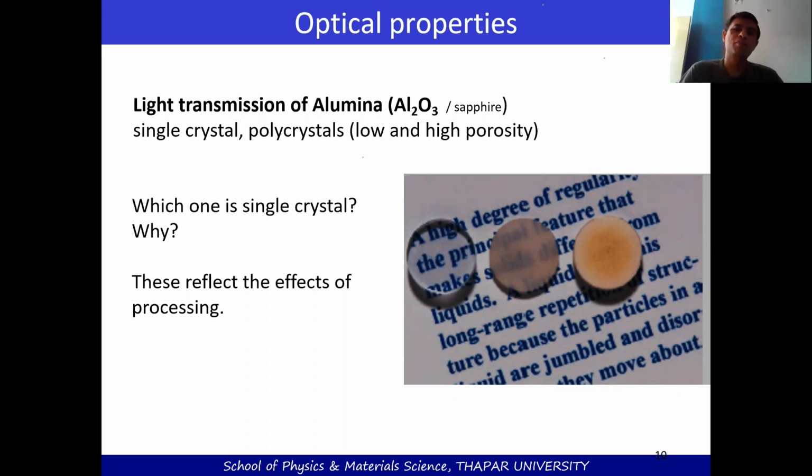Again, the question came, how does the same material become either amorphous or single crystal? That depends on how you are processing it. In general, if your cooling rate is very, very high, you end up with a material that possesses an amorphous structure. And if you are cooling your material very, very slowly while you are making it, you generally end up with a single crystalline material.